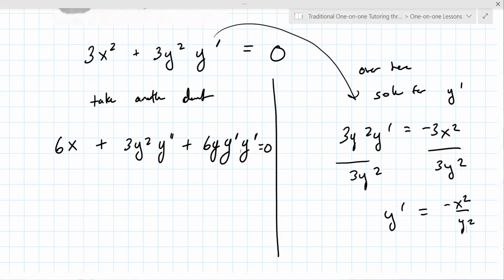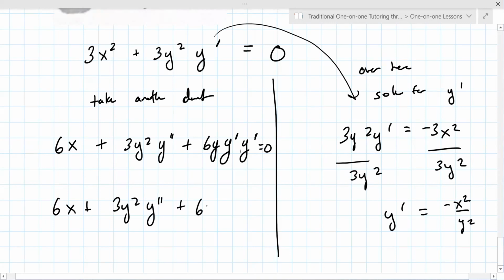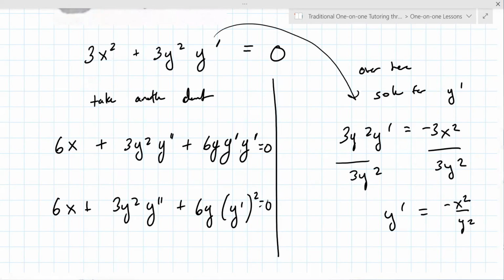Why do you have to plug in the y squared? Y prime, you mean? Yeah. Because it's accepted that you don't leave it in terms of y prime. Oh, okay. So on the left here, slight rewrite. It's y prime squared, equals 0 here. Then you have your choice. You can either plug it in now, or you can solve for y double prime and then substitute in. What's easier?